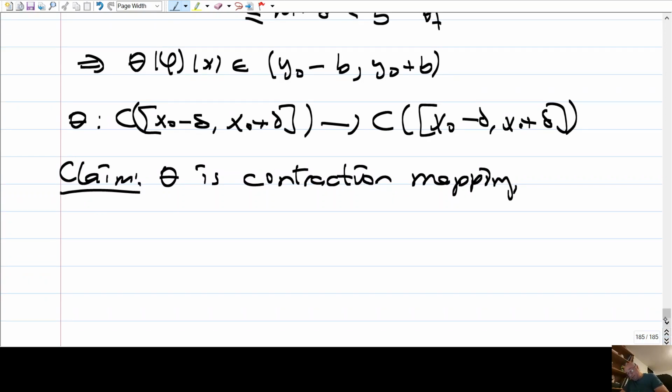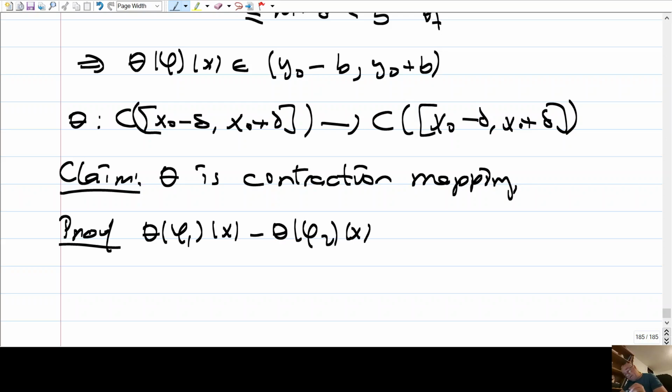Why is that? Well, you see, let's say theta phi 1 minus theta phi 2 at x. What is this?